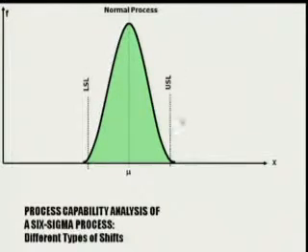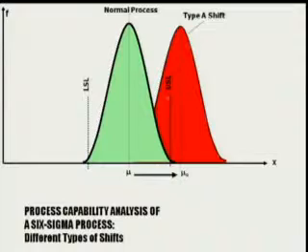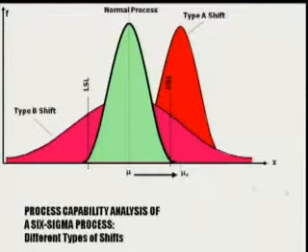Now if these are the upper and lower spec limits, which almost coincide with the natural limit, that's the span or the width of this distribution, then if this process is to be shifted to the right, we are in trouble, because a lot of this area is now outside the upper spec limits. On the other hand, if it has to shift sidewise, then we still have a great deal of components that are outside the spec limits.